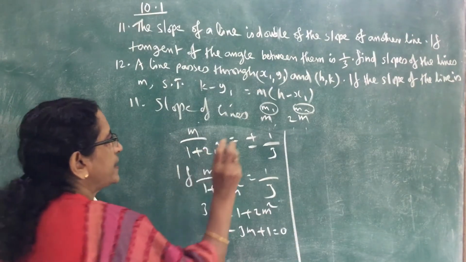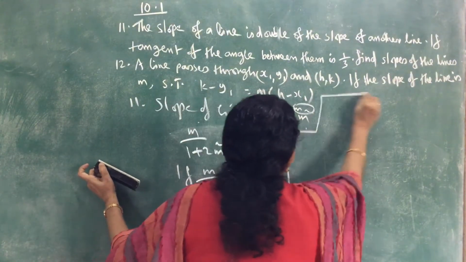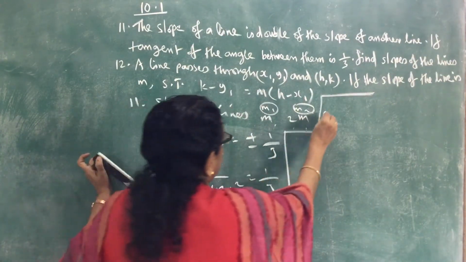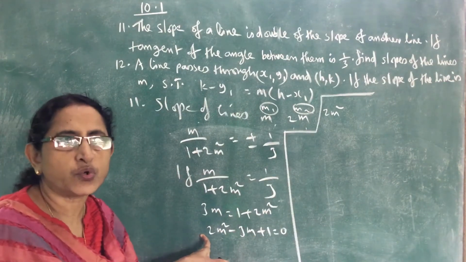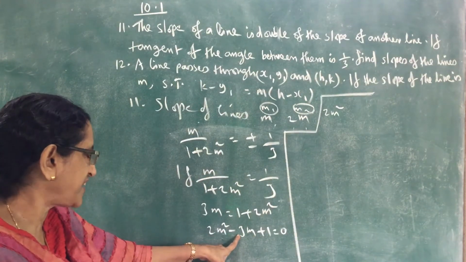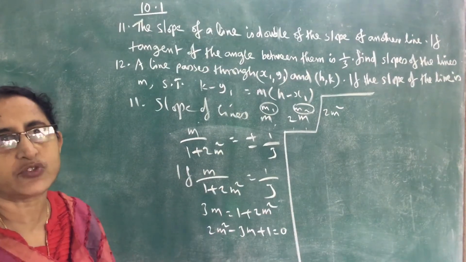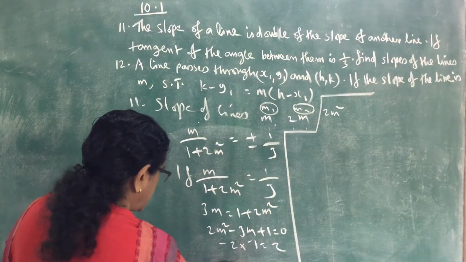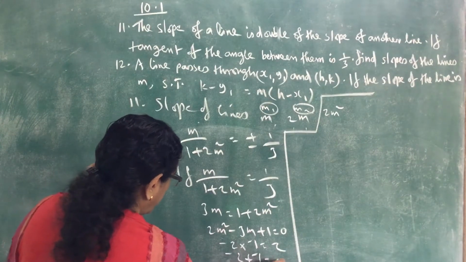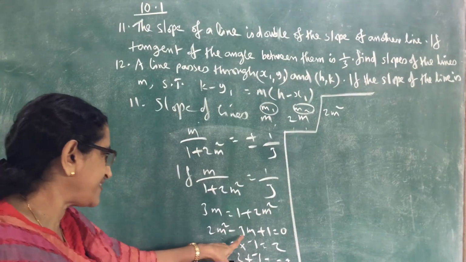Now splitting the middle term: 2m square, here 1 into 2 is positive 2, and we want the sum negative 3, so we can take negative 2 and negative 1. Negative 2 into negative 1 is positive 2, and negative 2 plus negative 1 is negative 3. So we can split the middle term.